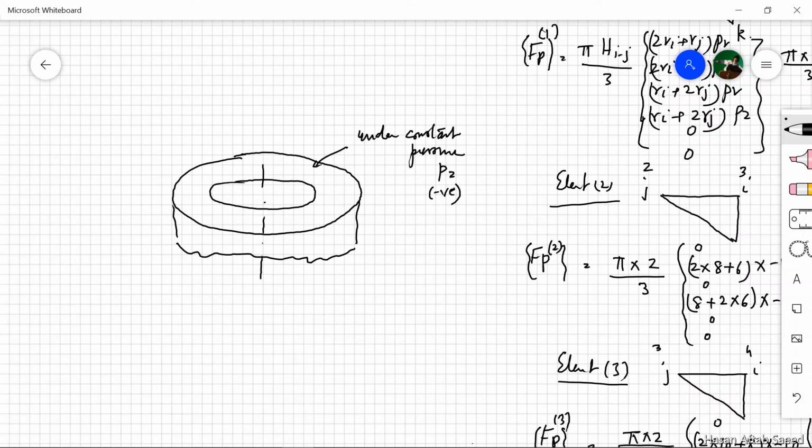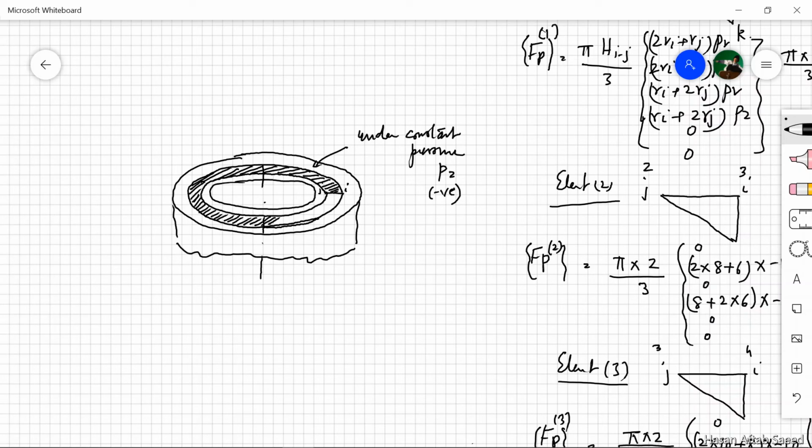Now when we talk about element 2, this is the IJ value, I and J nodes, but actually what is happening is element 2 corresponds to the whole 360-degree area between node I and node J. So if we are going to calculate the force generated because of pressure on this element, then we need to see this whole area, because the pressure is being applied on the whole top surface.